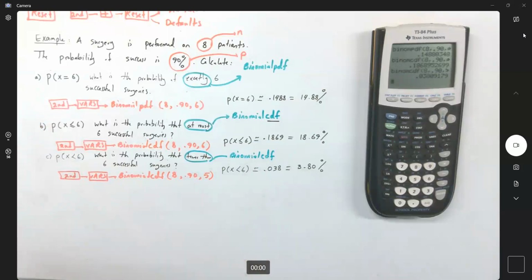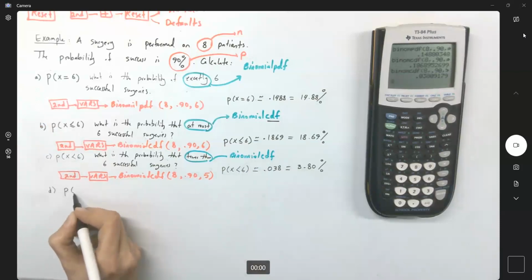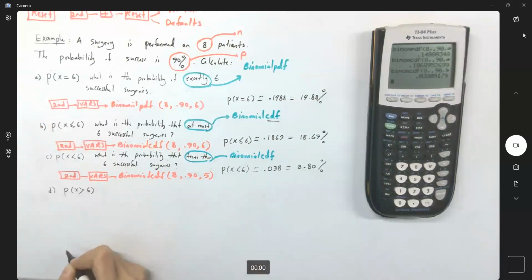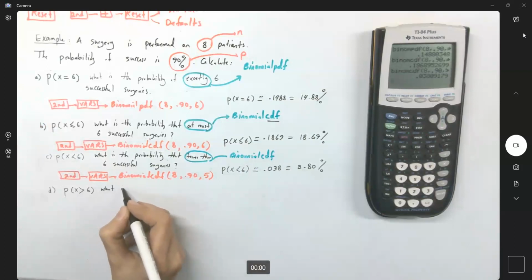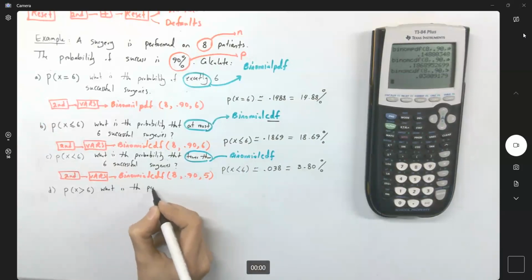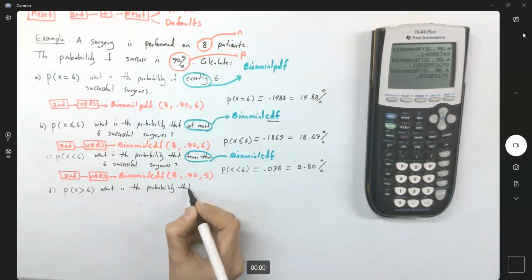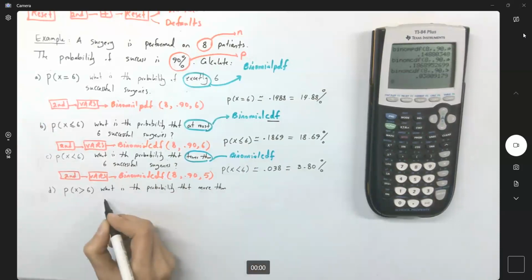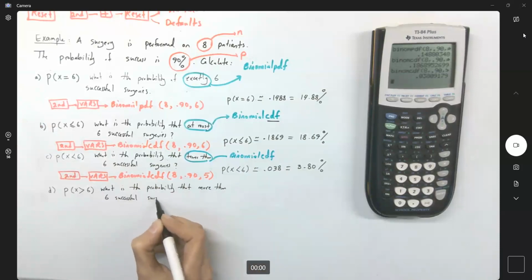Two more scenarios. Now in this question, I ask you find the probability that x is more than 6. More than. What is the probability that we have more than 6 successful surgeries?